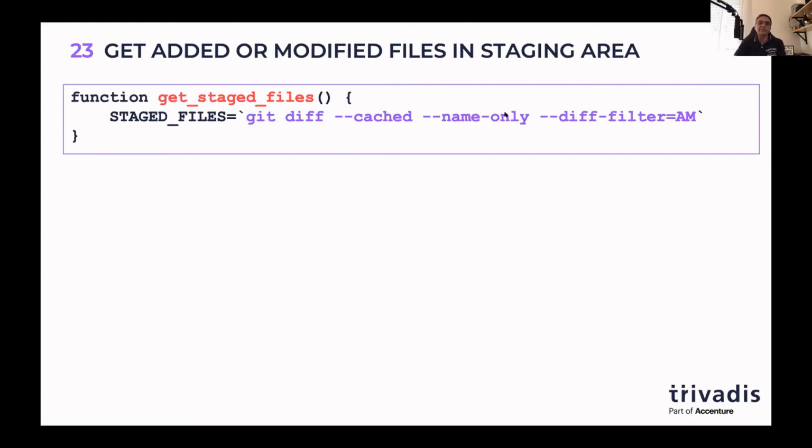I'm not really interested in the diffs, I'm just interested in the names. And I'm also just interested in some files in the staging area, the files which are added or modified. I'm not interested in deleted ones. I don't want to format deleted files. It's probably also difficult to do that, but I'm also not interested in renames. So this is a simple line to get the staged files.